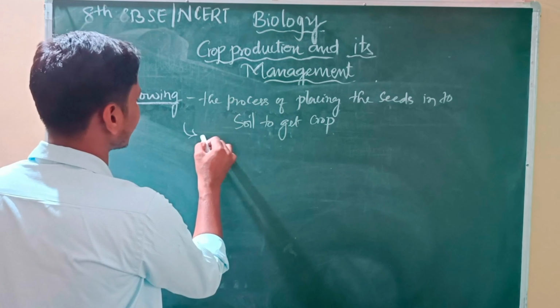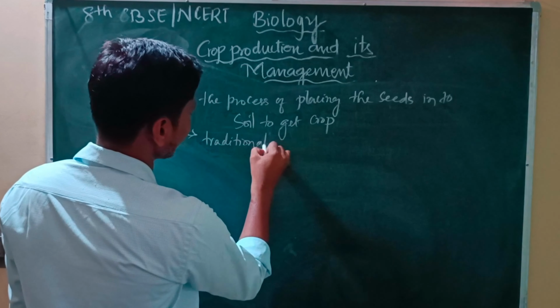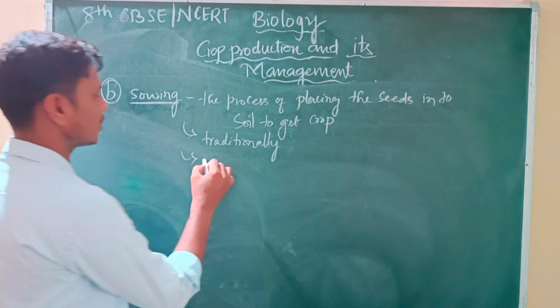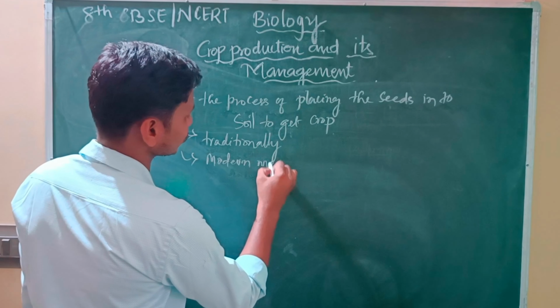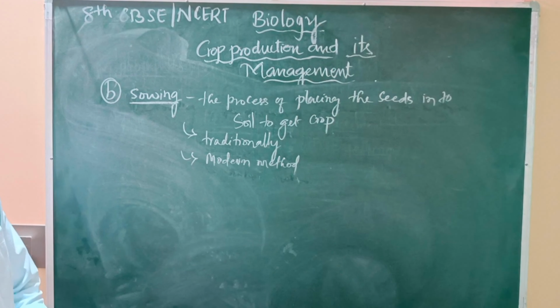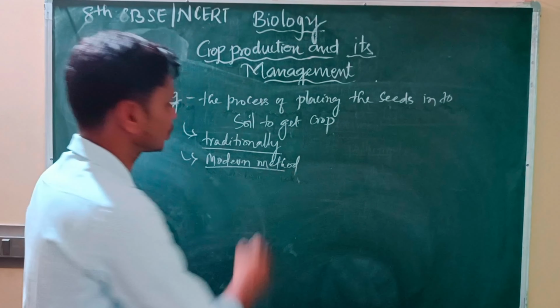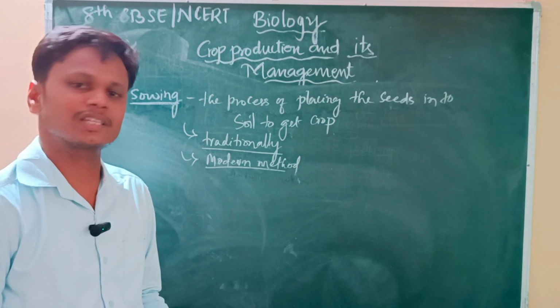It can be done traditionally, and a modern method can also be used. Later we will discuss these. Before that, let us discuss how exactly farmers can select the seeds.